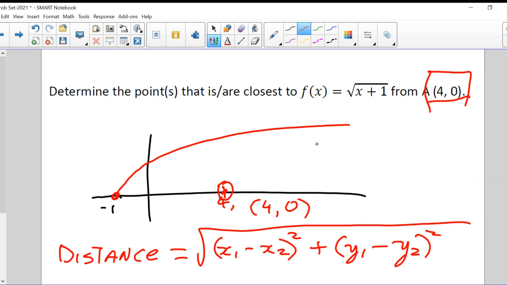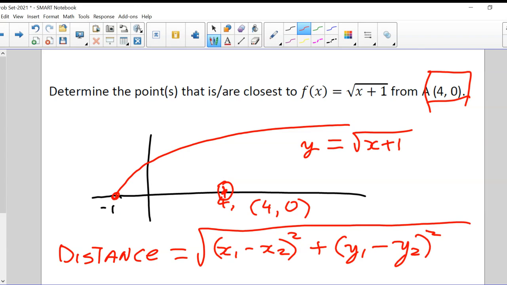How about we do this? Instead of saying f of x, I'm going to say that y is equal to the square root of x plus 1. Does that kind of point you in the direction? What are we going to use as our x? Think back to when you were doing first principles.